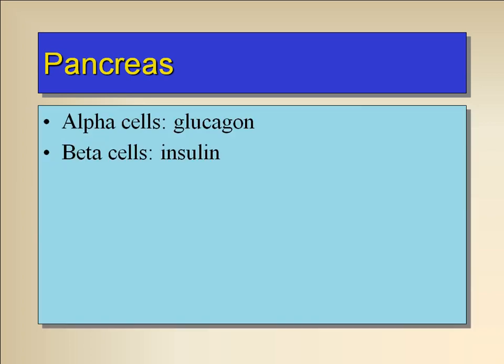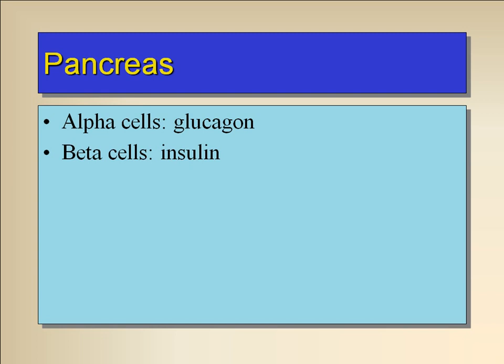Okay. So we have alpha cells and beta cells. Alpha cells produce glucagon. Glucagon's function is to do what? To release glucose, stimulate glycogen breakdown. So in simplistic terms, glucagon causes an increase in glucose, and insulin does the opposite, causes a drop in glucose.